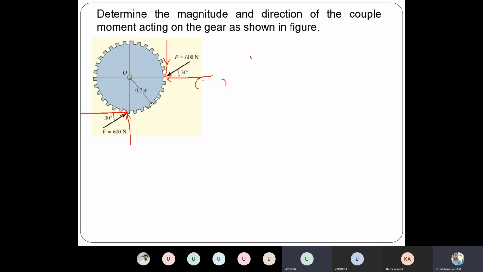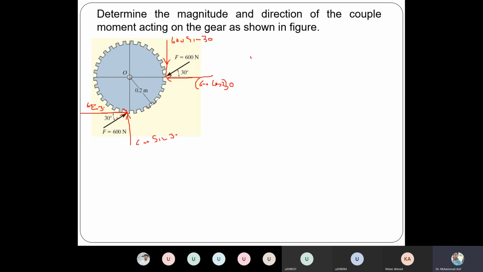What is the value of this component? 600 cos 30. And similarly, this component will be 600 sin 30. Similarly, we can resolve this other force. This component is 600 sin 30, and this component is 600 cos 30.